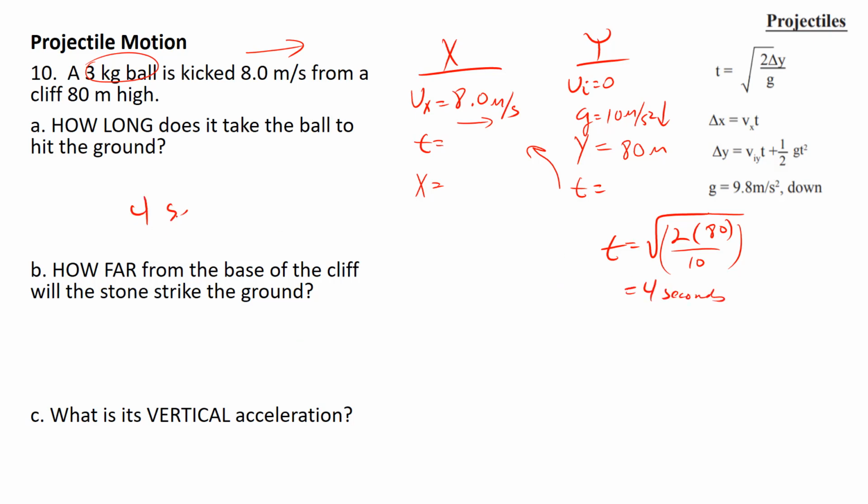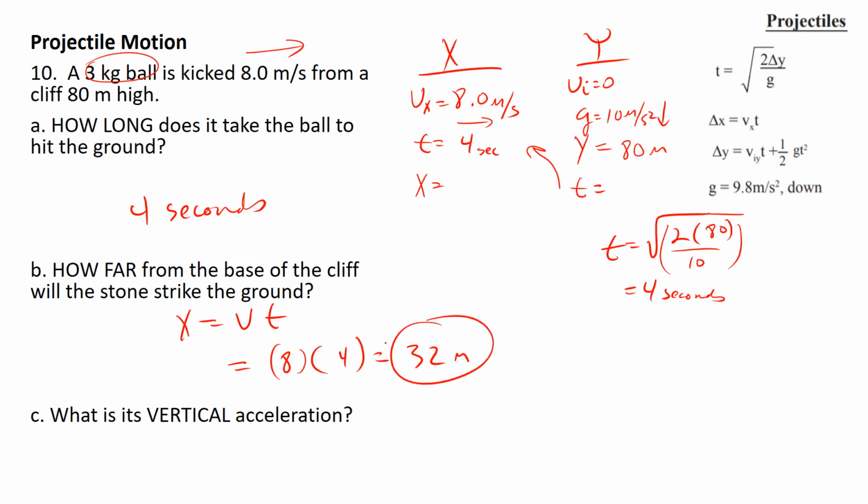Now, after we get 4 seconds there, we can go ahead and finish it off doing this equation, x equals v times t. And so v is 8, t is 4, and you get 32. 8 times 4 equals 32 meters.